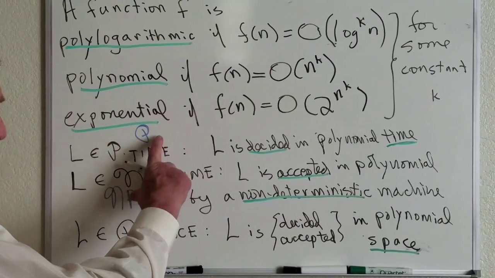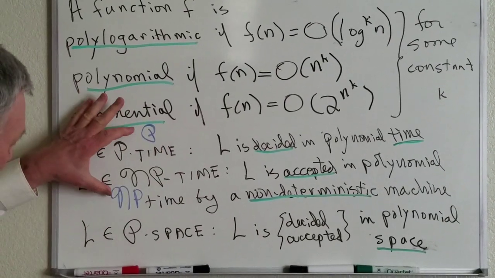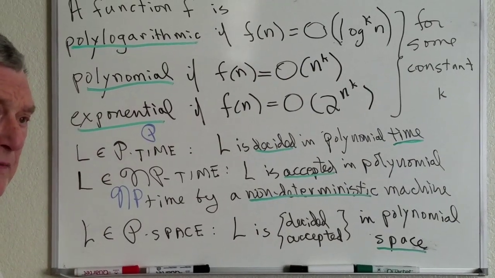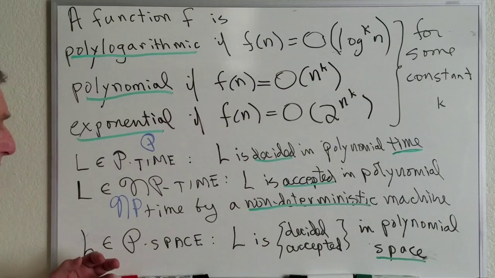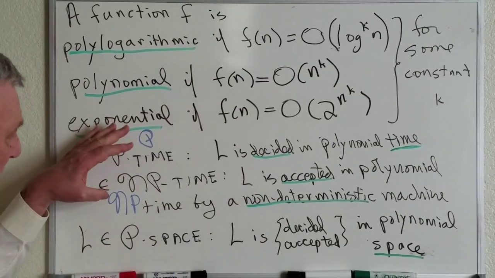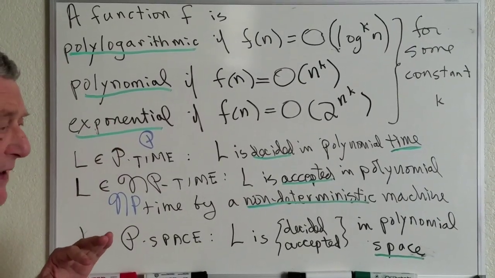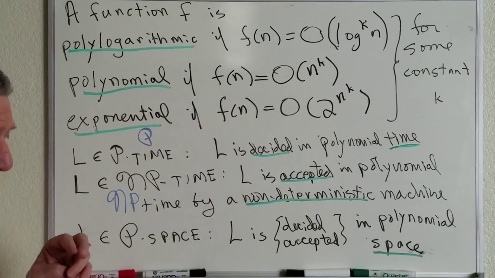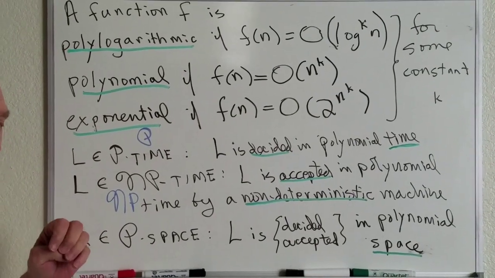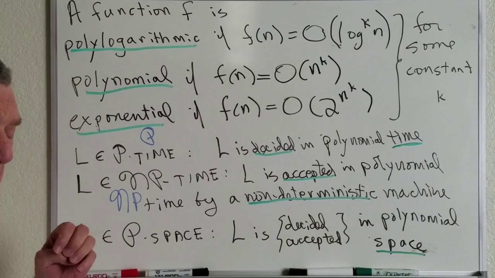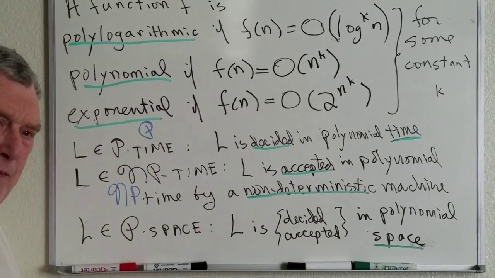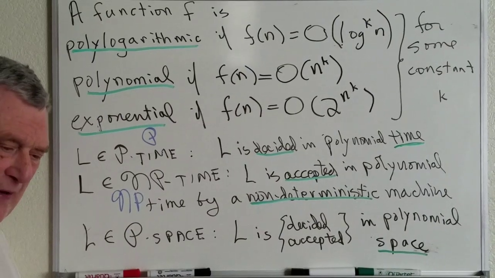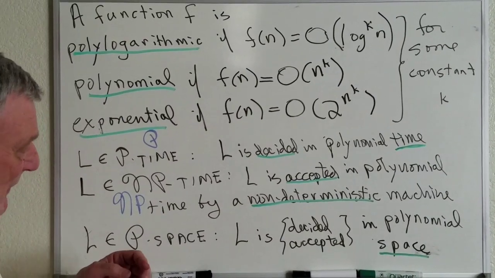And the question of whether these two classes are different is unknown. However, almost all the experts agree that they are probably different. I think they're different, but no one has ever been able to prove it. It's one of the big unsolved problems out there. You win $1 million if you solve it. But it's worth more than that. It's worth at least $1 billion, maybe $1 trillion.